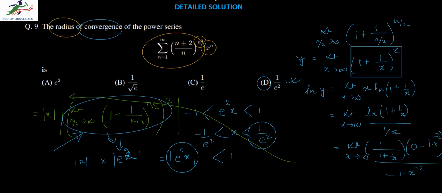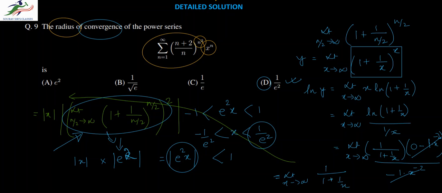So this term will cancel out, and this will be reduced to limit x tending to infinity 1 over (1 plus 1 by x).